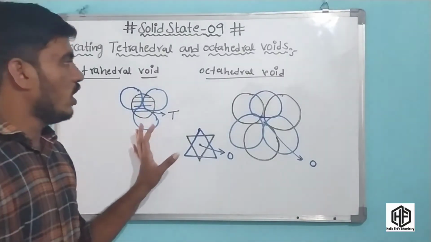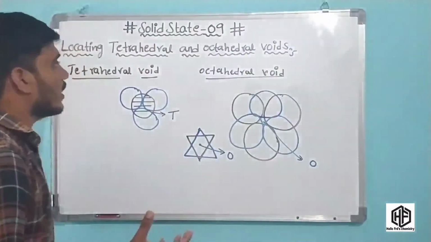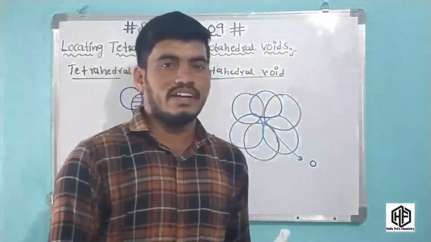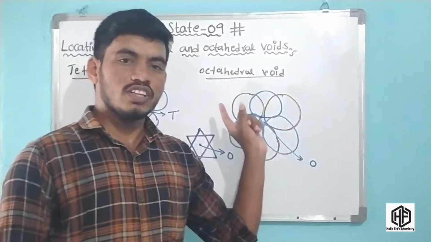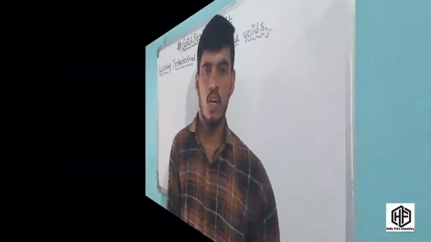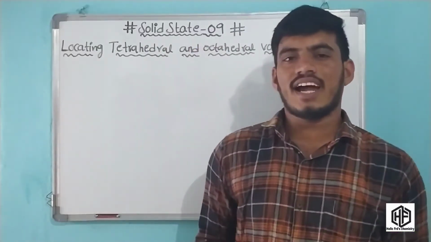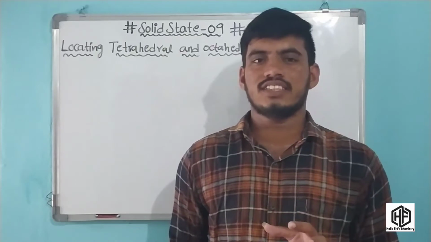This is clear, friends. Now I am going to discuss how many tetrahedral and octahedral voids are present in the FCC closed packing structure, that is, the face-centered cubic closed packing structure.